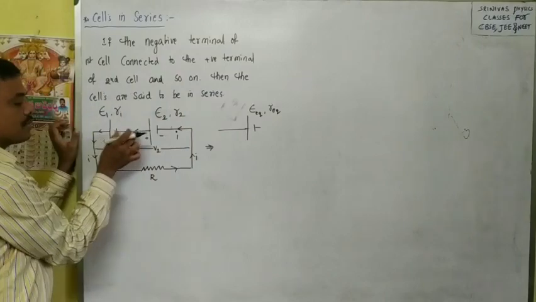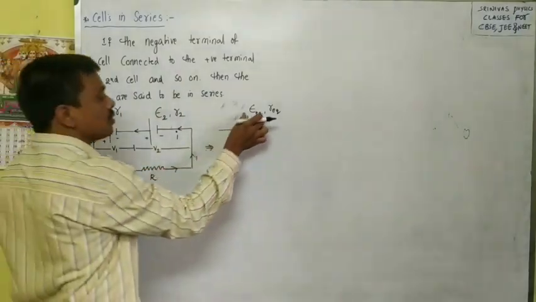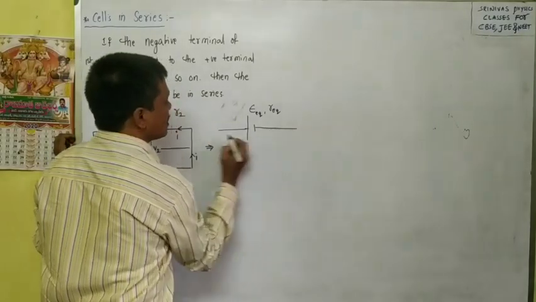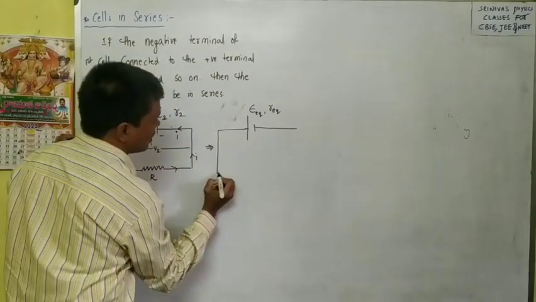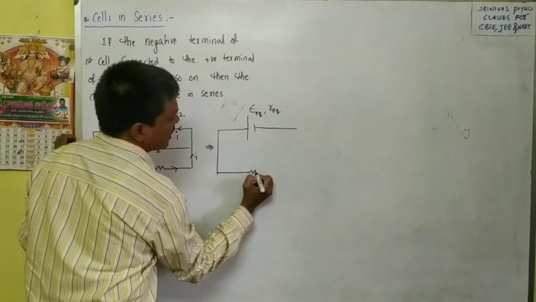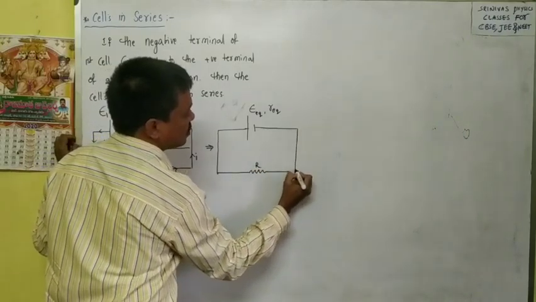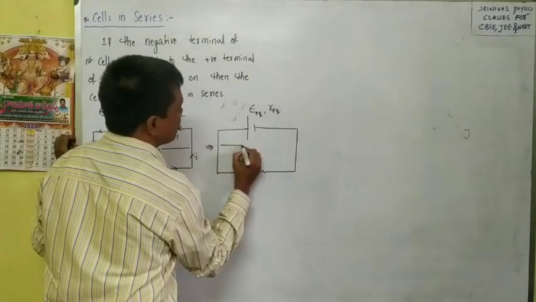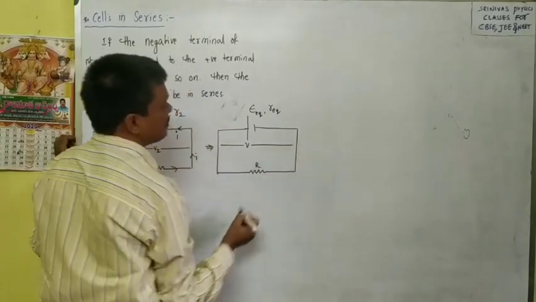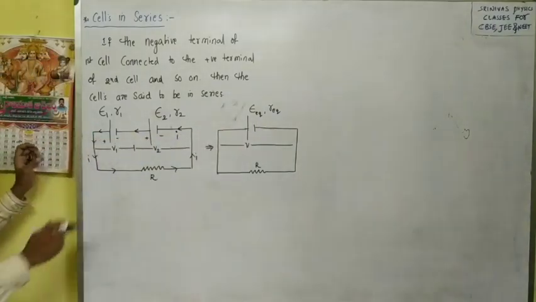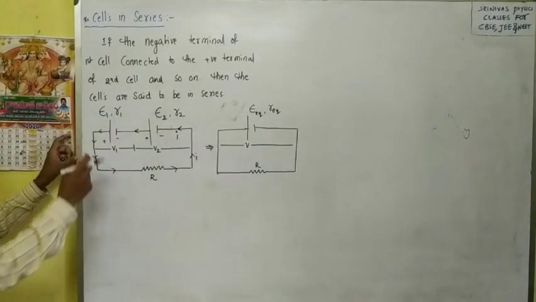If two cells combined act as one cell, then what is the total EMF and what is the total internal resistance? And the external resistance is capital R and the total voltage is V. Two cells will act as one cell, and now the two cells are in series.